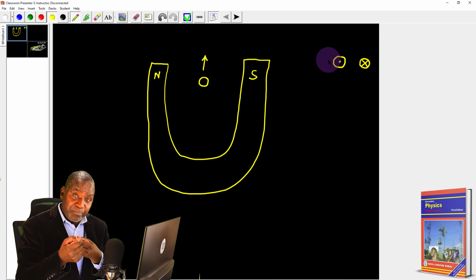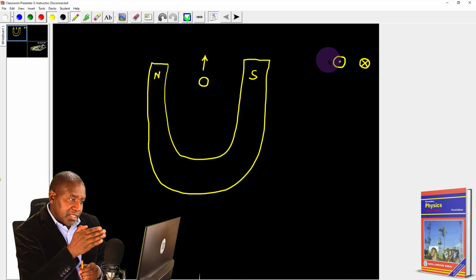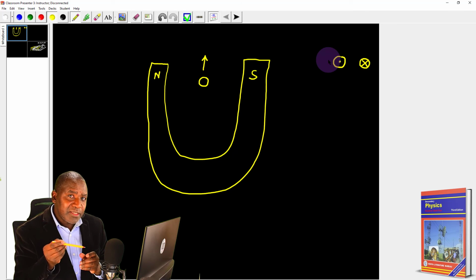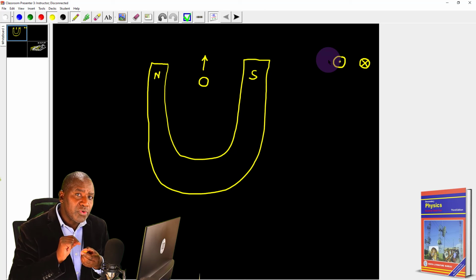The dot means that the current is coming towards you, or we can interpret it as current coming out of the paper. The other one means, again, we are looking at the cross-section of the wire with the current moving away from you, or moving into the paper.